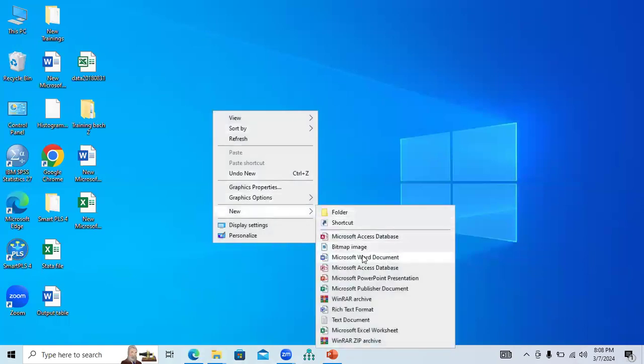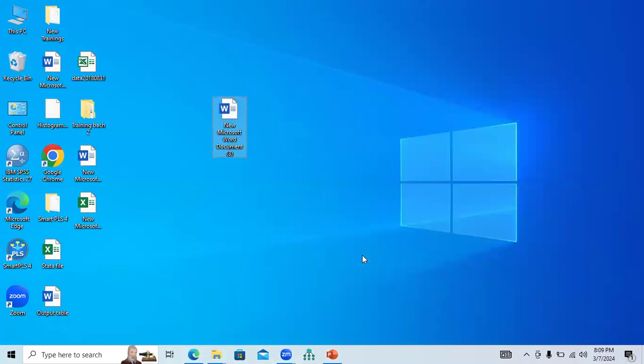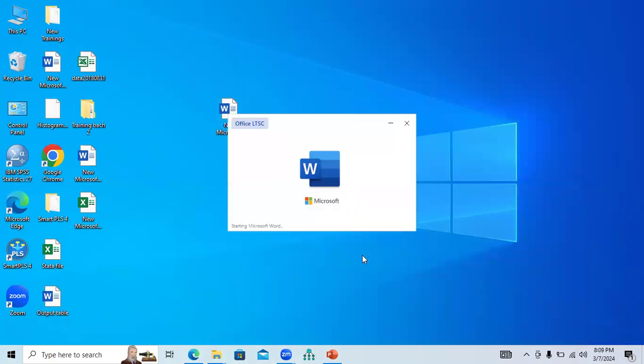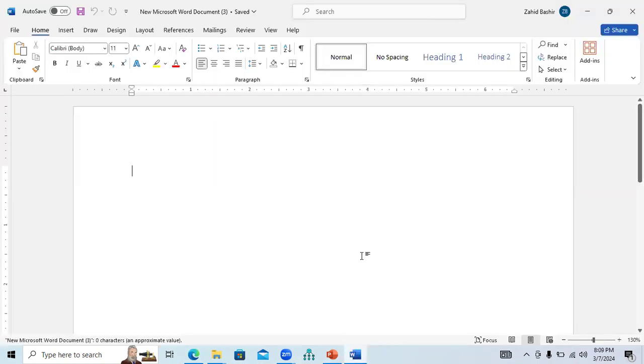I would like to open up a Word file like this, and I will build a simple argument. Always remember that an argument has two components. The first component is called premise, and the second component is called conclusion.